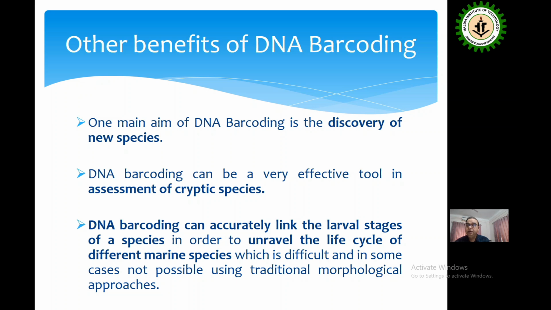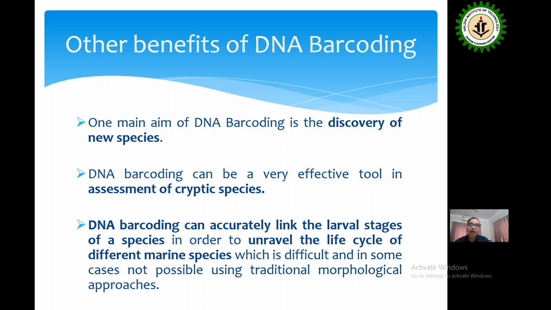That means cryptic species are those species which are morphologically identical but genetically distinct. So these cryptic species have very high chances to give rise to new species. So identification of cryptic species is very much possible by using this DNA barcoding technique.